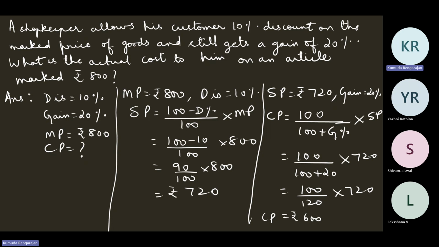That's the selling price. If you buy that product, you will be paying 720 rupees. He's still making a profit, because he paid only 600 for it, and after discount, you pay him 720. So 120 rupees profit he's making. That's what is given, 20% profit.